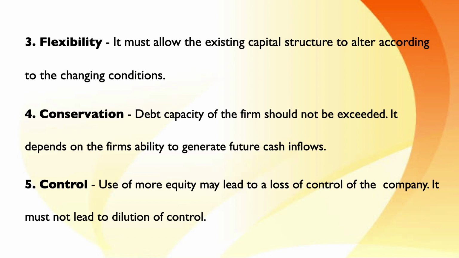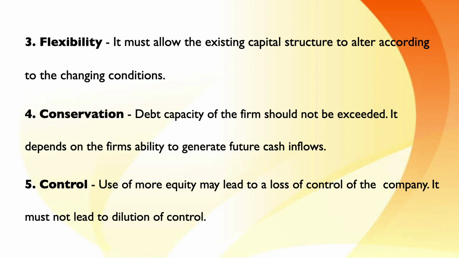Therefore, the decision making or the controlling power should not be diluted. That means it must not be affected negatively. If I want to make sure my control over the company's affairs is not diluted, or I must not lose control of the company, then only to a certain limit will I raise equity, not more than that.